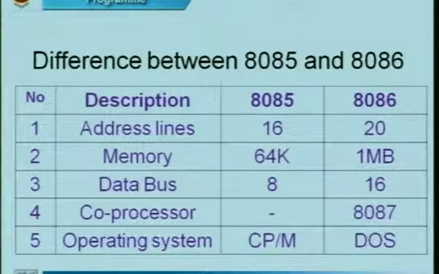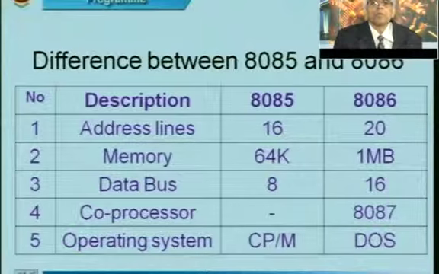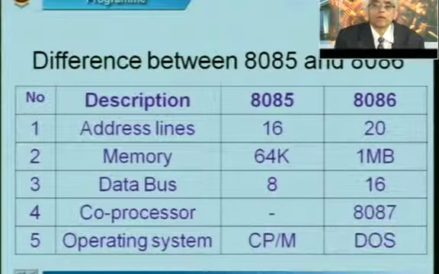The data that could be accessed was 8 bits in the 8085 as against 16-bit data lines in the 8086. The 8085 did not have any coprocessor. A coprocessor is a special type of chip which handles arithmetic operations, whereas for the 8086 a coprocessor was brought out which could be connected along with the 8086 to make it much more powerful.